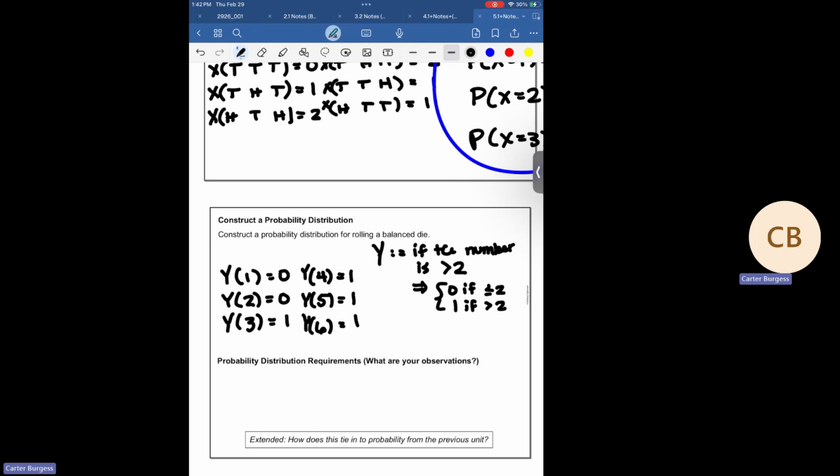Yeah, exactly. So if we want to know what is the likelihood that our value here is greater than 2, how could we translate the idea that our outcome is greater than 2? What does our outcome being greater than 2 mean in terms of our random variable?